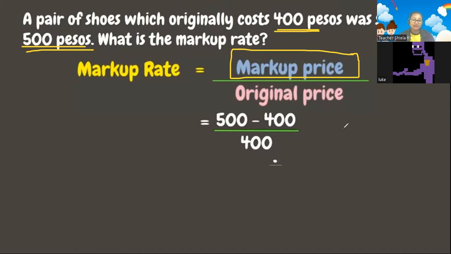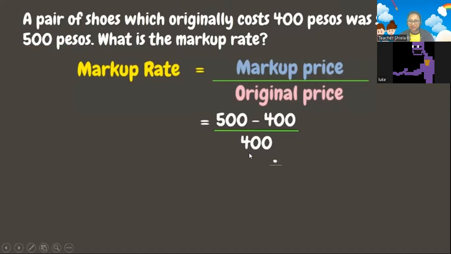That's the only amount added to it, right? So the markup price is just 100. So just 100 divided by the original price, which is 400, like this.